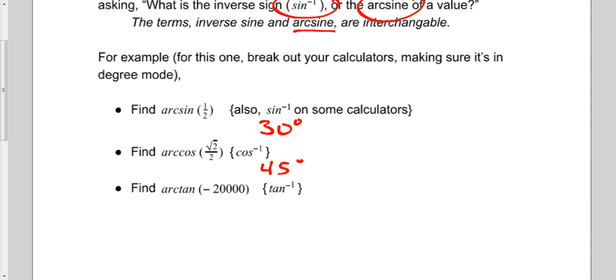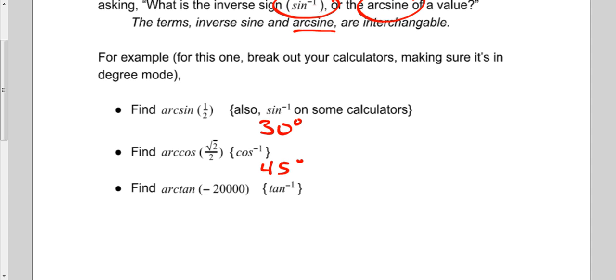What's the tangent of 90 degrees? Remember, this tells me what angle gives me a tangent of negative 20,000. Well, what is the tangent of 90 degrees? It's just a domain error. Why? Sine divided by cosine, and cosine of 90 is 0.